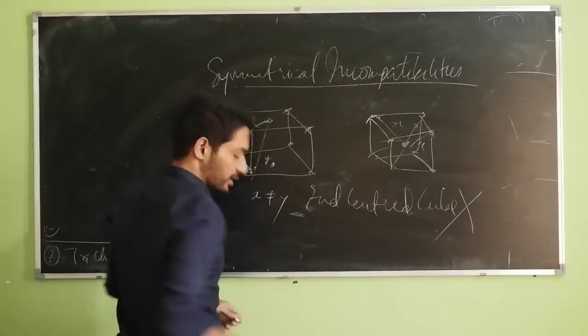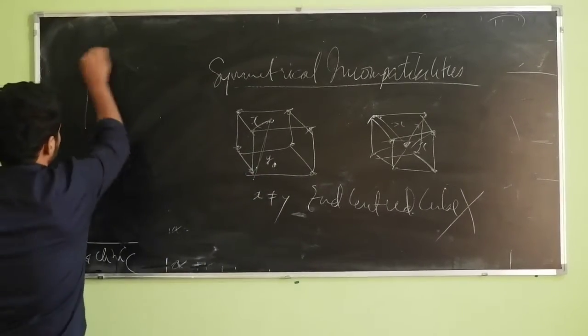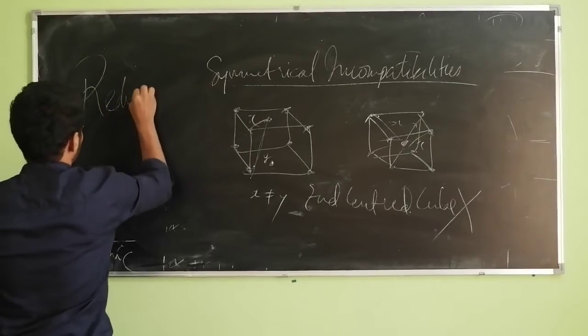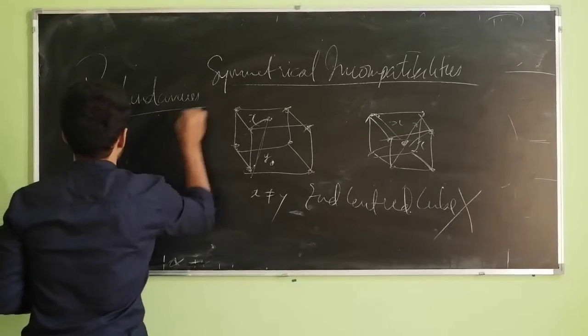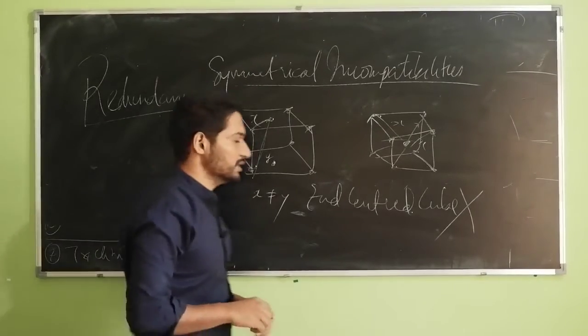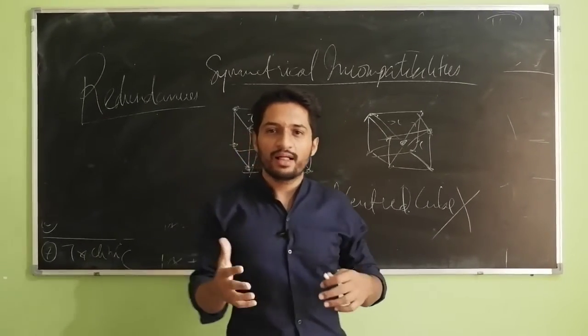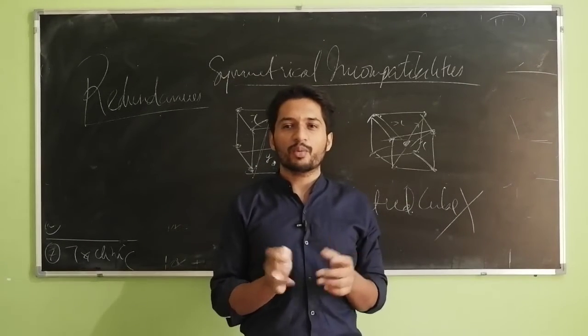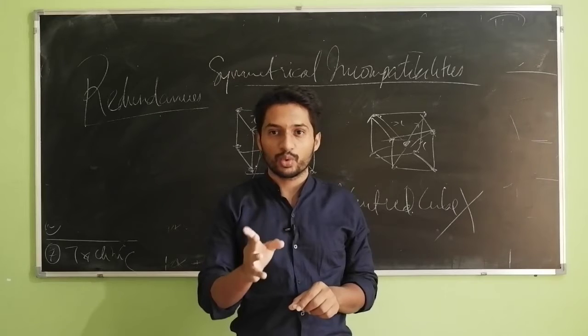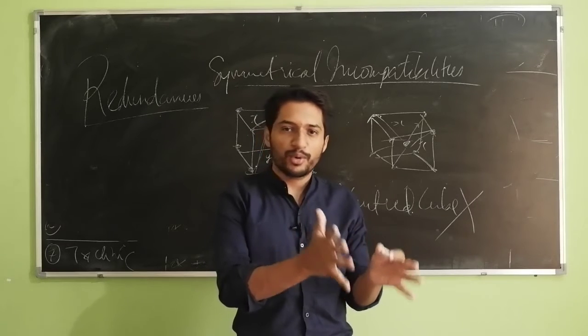The second reason is redundancies. Now what does redundancies mean? Redundancies means we have repetition. Alright, so let's say if I talk about triclinic, in triclinic what do we have? Only primitive.